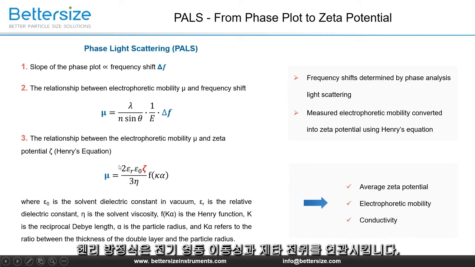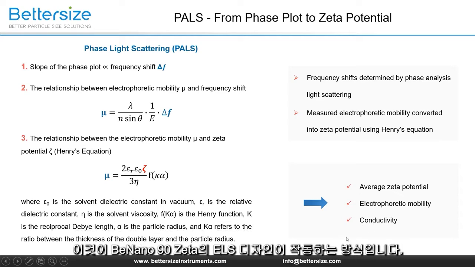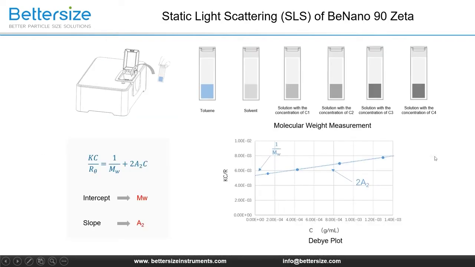Then Henry's equation relates the electrophoretic mobility to zeta potential. So the BeNano 90 Zeta can provide parameters including average zeta potential, electrophoretic mobility, and conductivity. This is how the ELS design of the BeNano 90 Zeta works.